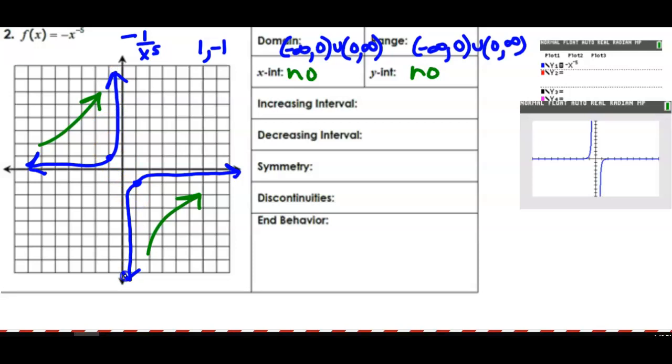Over here, you'd have negative values, but they get less and less negative, and then they stay just below the x-axis. So it is actually all increasing, but you do have to say except at 0 because there's a break. Increasing, increasing.